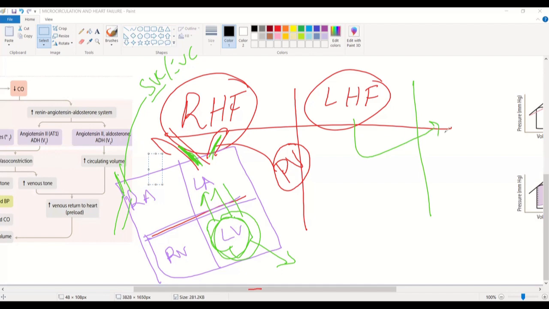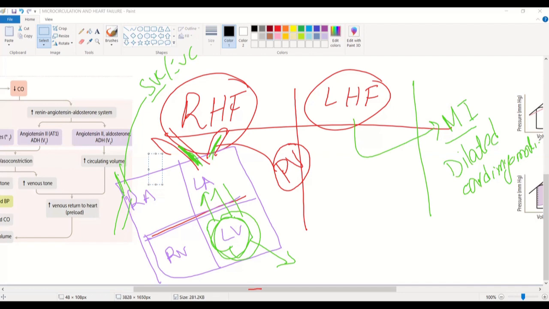Let's suppose the left heart failure. Okay, so in left heart failure, what are the causes? It may be MI, myocardial infarction. It may be dilated cardiomyopathy, right? Okay, so left heart failure presents with orthopnea and dyspnea.